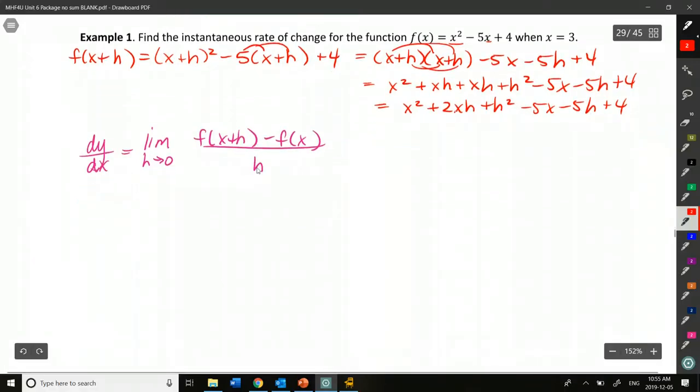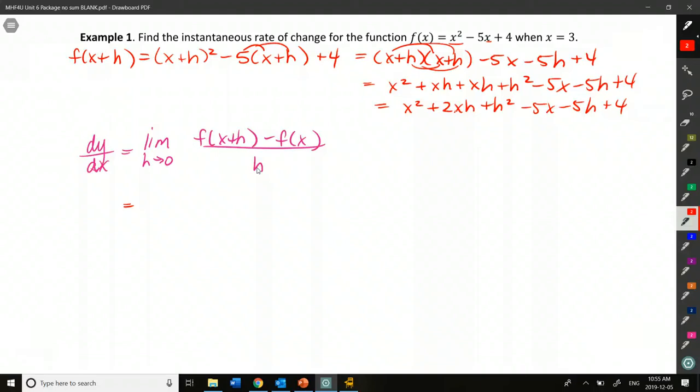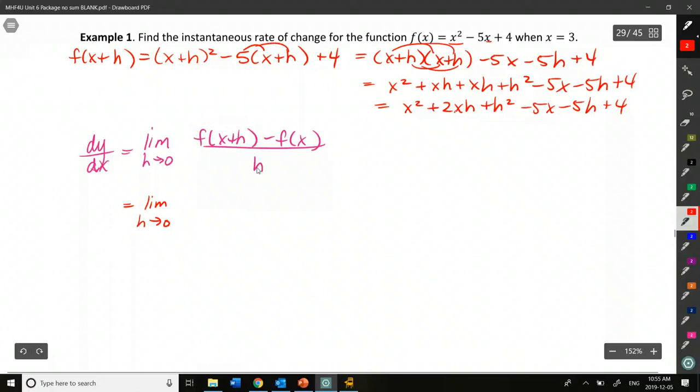Okay, so we are going to plug in f at x plus h, which is this whole expression right here.